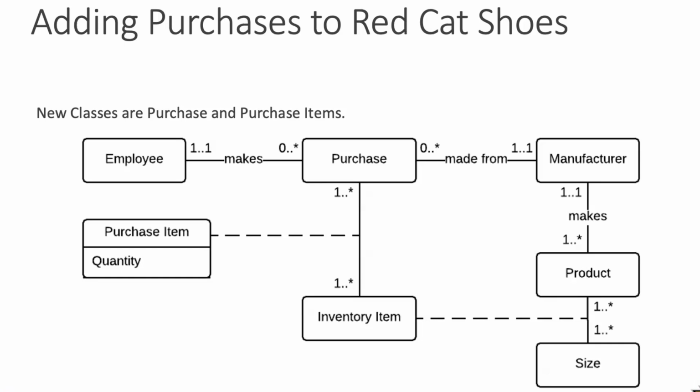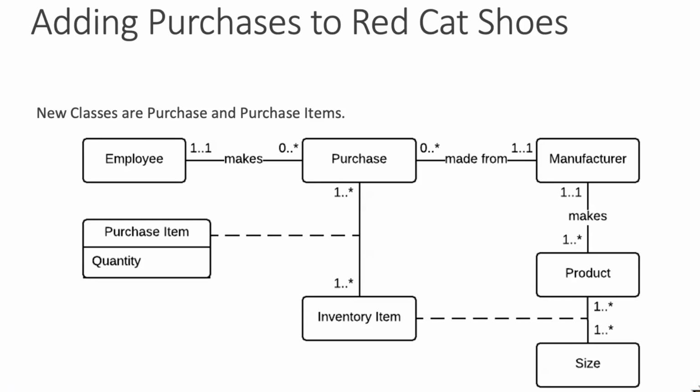Employee, zero or many purchases. And each purchase can be by one and only one employee. And the purchase is made by the manufacturer, so each purchase can be made by one and only one manufacturer, and the vice versa relationship is zero to many.